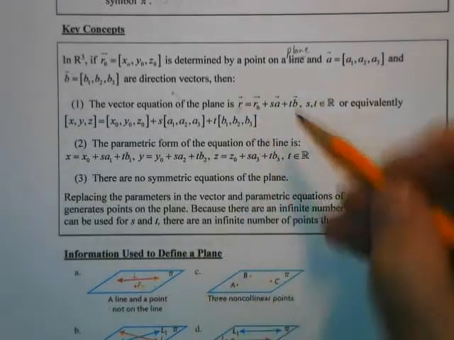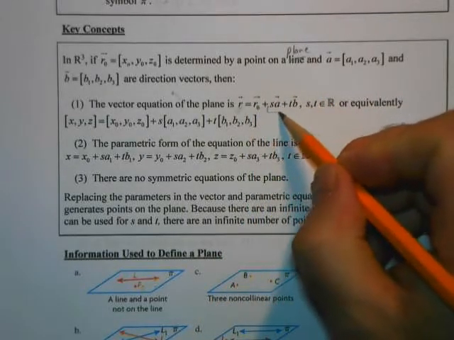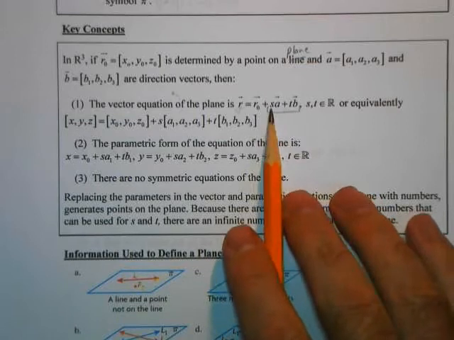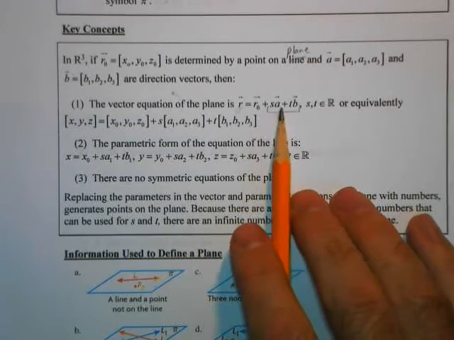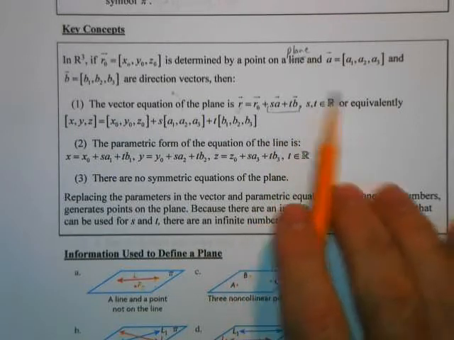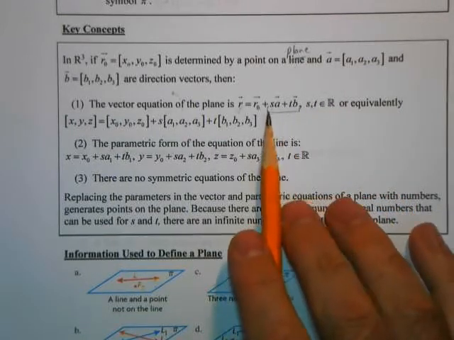But now, instead of just one scalar multiple of a vector, we have two different scalar multiples of two different vectors: SA plus TB. Your S and your T are real numbers, and they can be zero too.